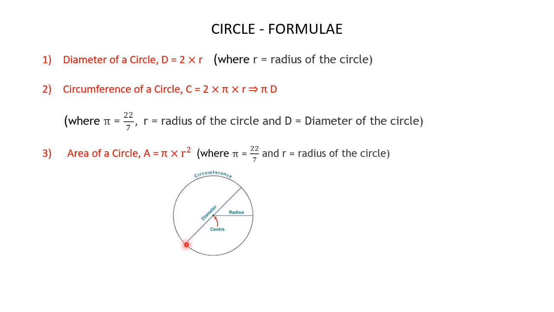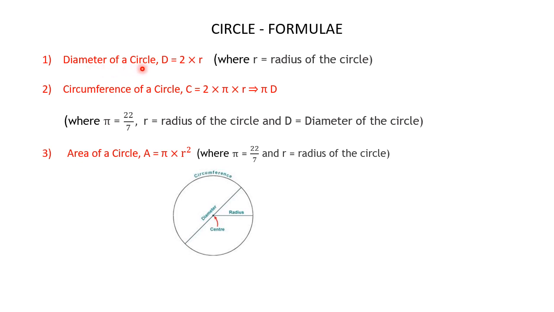This line joining the 2 points on the circumference of the circle and passing through the center of the circle is the diameter. Now let's look at the formulae for circles.